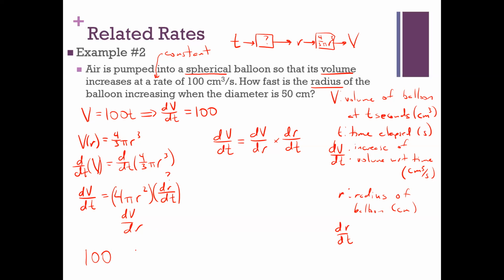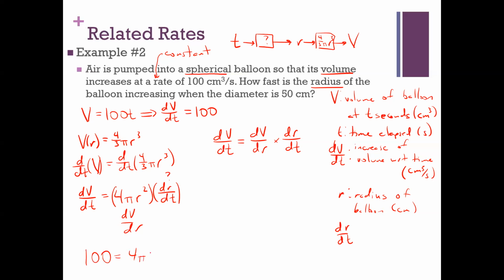What does dV/dt mean? So that's true, but what does that mean in terms of this situation? All right, it's how fast the volume of whatever object, in this case the balloon, is changing, right? So in this case, that's 100 cubic centimeters per second. So I know that one.